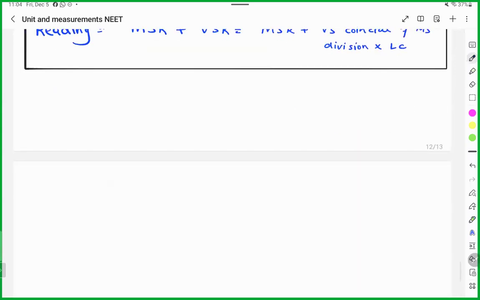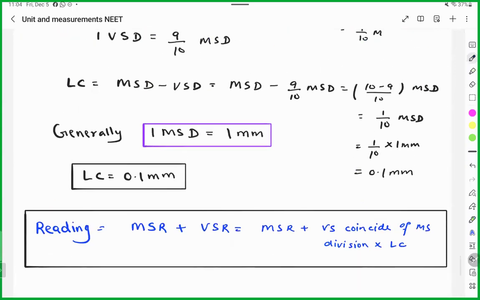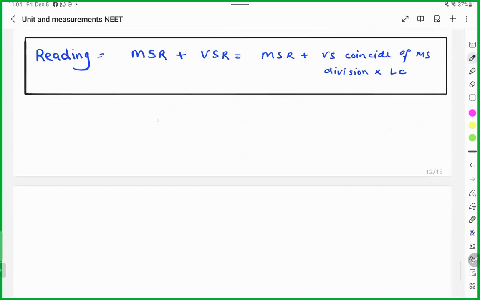One topic, zero error. For example, when you calculate, there is a 3.1 centimeter length of any screw. But we are confused about the last point. Then what will you do? 3.1 centimeter is the normal length.